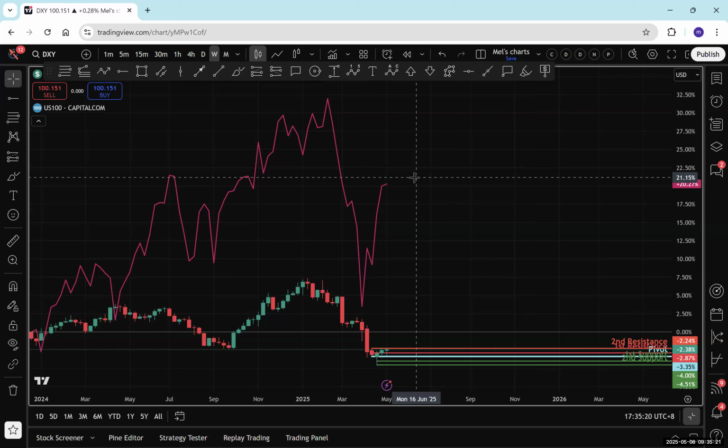So those are some reasons why you might see a mild inverse relationship between the DXY and US 100. I hope that answers your question on DXY and US 100 correlation.